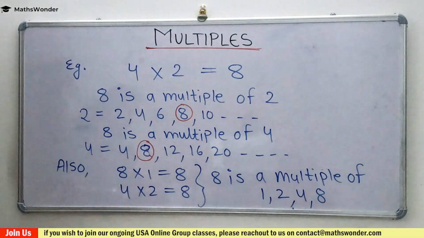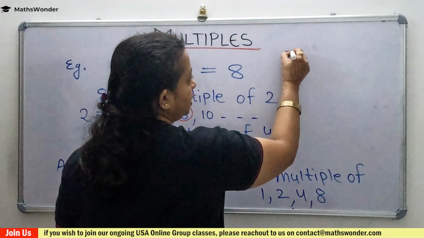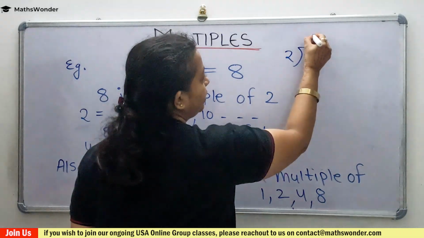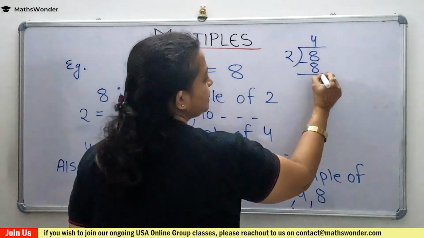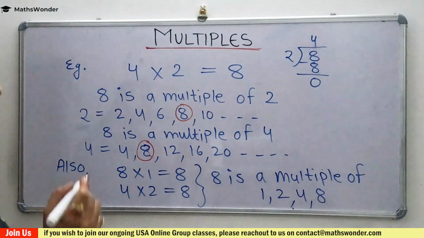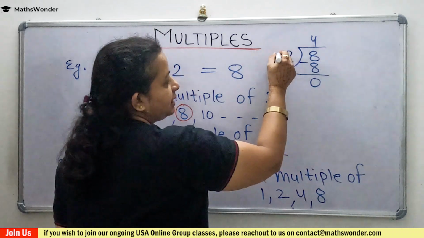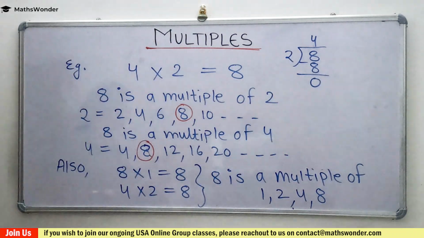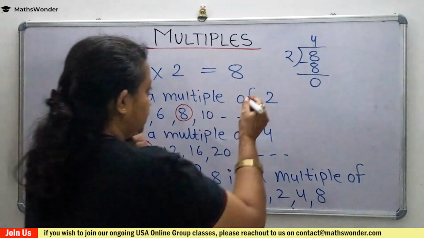Now, in this part, how can you write it? Suppose 8 divided by 2 gives 4 and remainder 0, right? So what are the parts of the division? This 2 is your divisor. Yes or no? So the divisor is your factor.